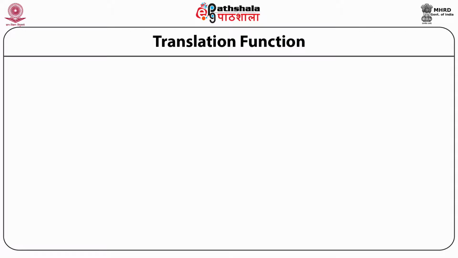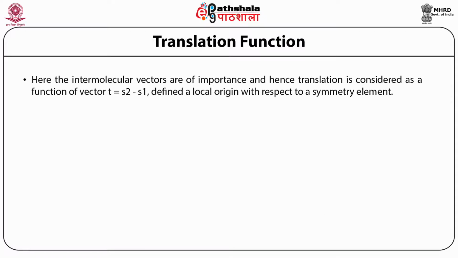In translation functions, the intermolecular vectors are of importance, and hence translation is considered as a function of vector little t equals S2 minus S1, defined as a local origin with respect to a symmetry element.